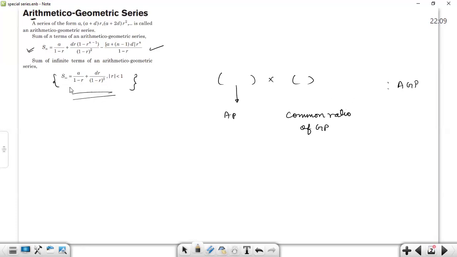The sum of infinite terms is given by this formula. Let's look at an example. Please remember that the common ratio has to be less than 1, then only the sum to infinity can be calculated. Otherwise, it will keep increasing and tend to infinity when r is more than 1.